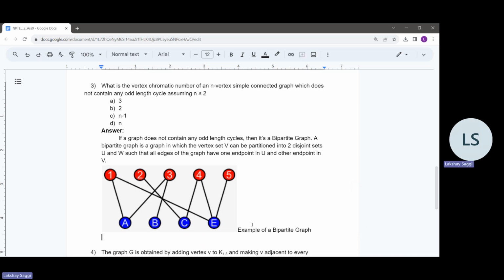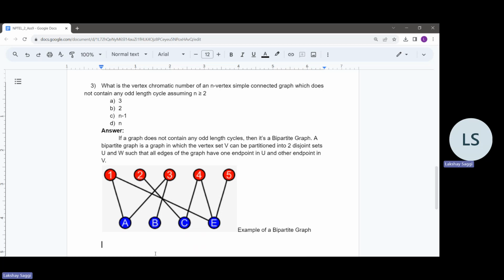And what's so special about the bipartite graph? I hope you can see that I have colored the upper side vertices red and the lower side vertices blue. And what we can claim here is that this is a valid vertex coloring.